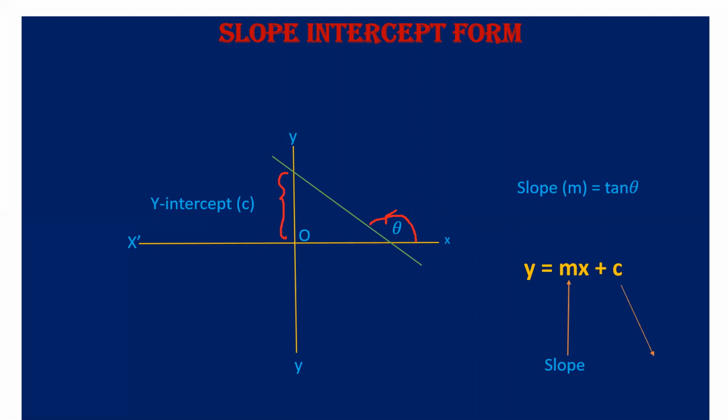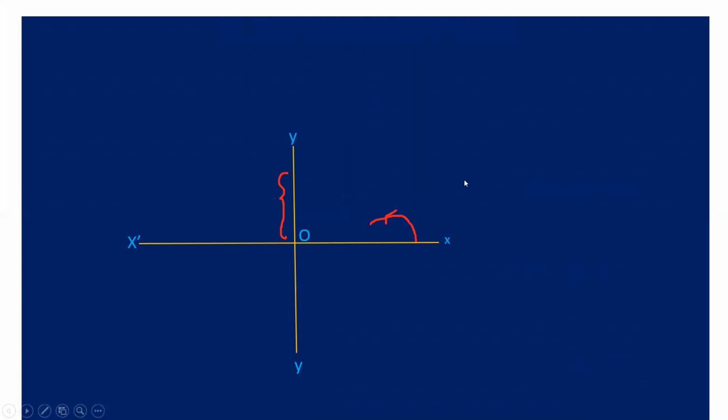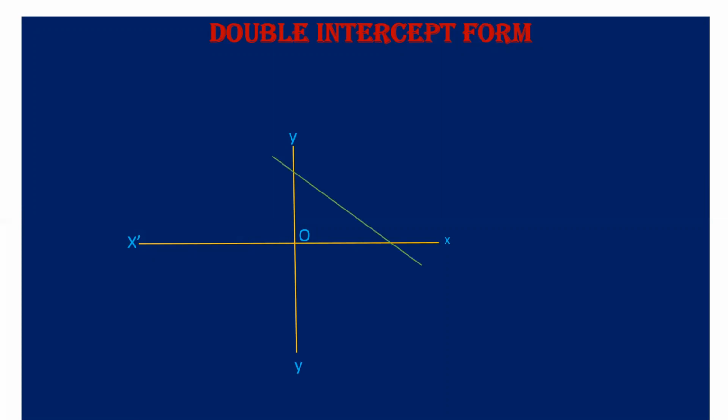Now, let's move to the next one. Here you can see this is known as the double intercept form. See, these are the axes here, x-axis and y-axis once again, and here is the straight line. When the straight line crosses the x-axis and the y-axis, you will find the x-intercept as well as the y-intercept. As I already told you, this portion is the y-intercept, part of the y-axis, and this one is the part of the x-axis, which is known as the x-intercept.